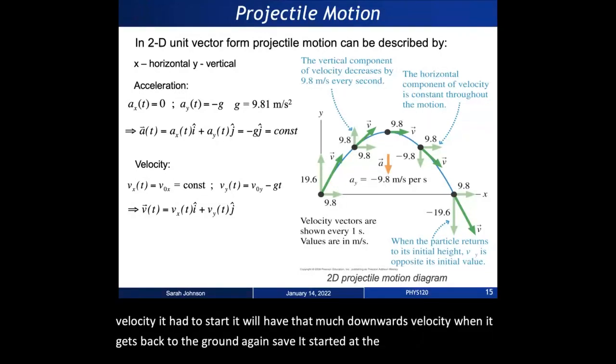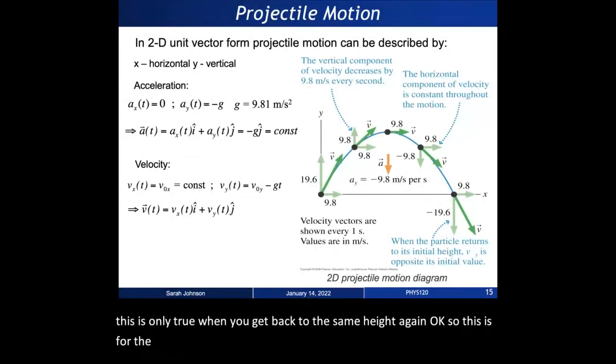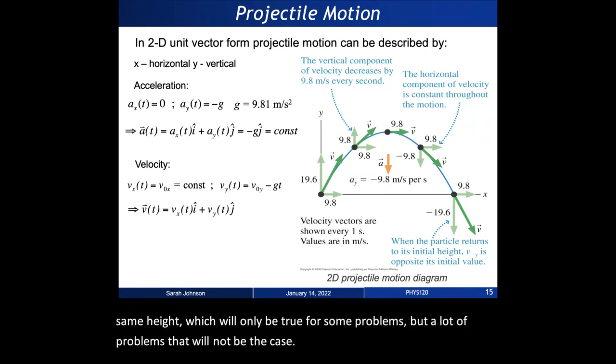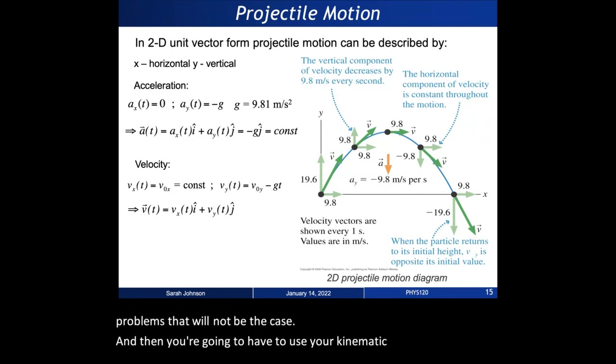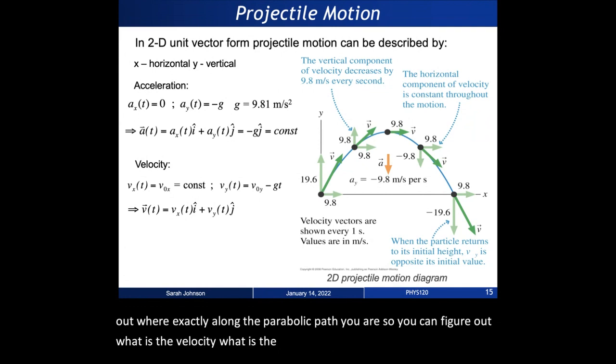Remember, this is only true when you get back to the same height again. This is the special case where you launch and land at the same height, which will only be true for some problems, but in a lot of problems that will not be the case. Then you're going to have to use your kinematic equations to figure out where along the parabolic path you are, so you can figure out what the velocity and the position are at that time.